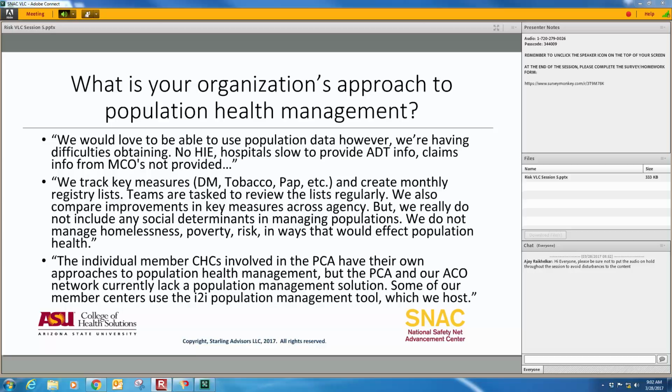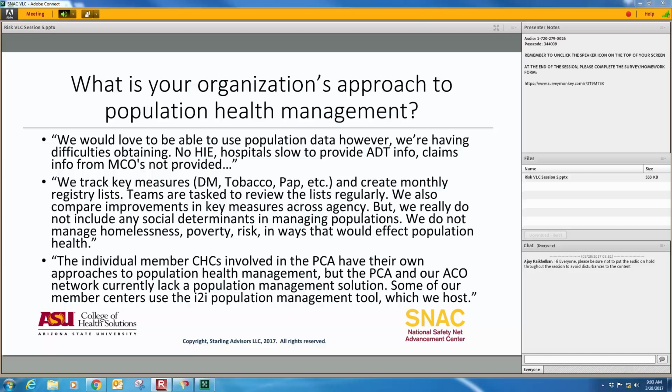So, you know, a big piece of approaching risk management is really understanding who the patients, the population of patients, are that you're working with, which is why we wanted to get a better understanding of what you guys are doing at your organizations around population health management.